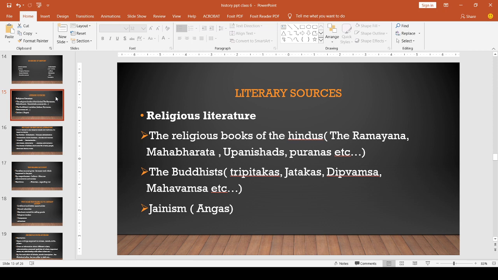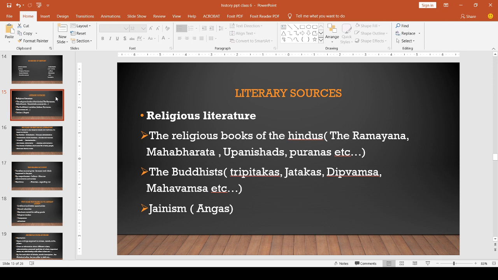Through these books we can get information about ancient kings, ancient dynasties, ancient wars, etc. Then another religion, the Buddhist. The religious books of Buddhists are Tripitakas, Jatakas, Dipavamsa, Mahavamsa, etc. Going through these books, we can collect more information about the past.